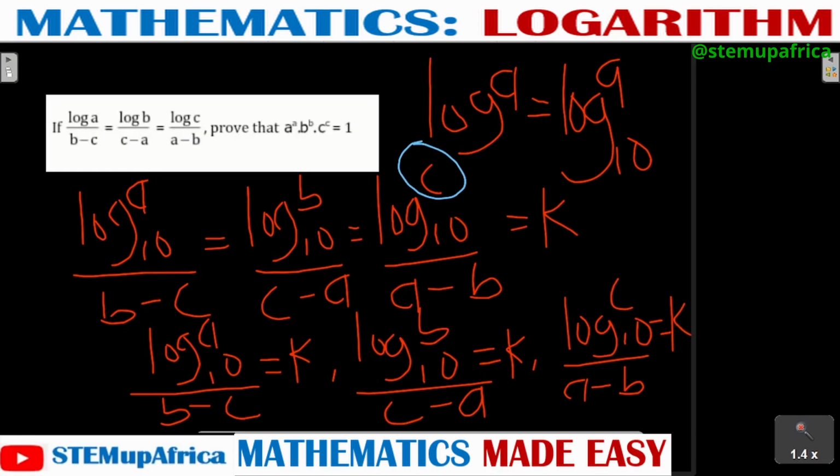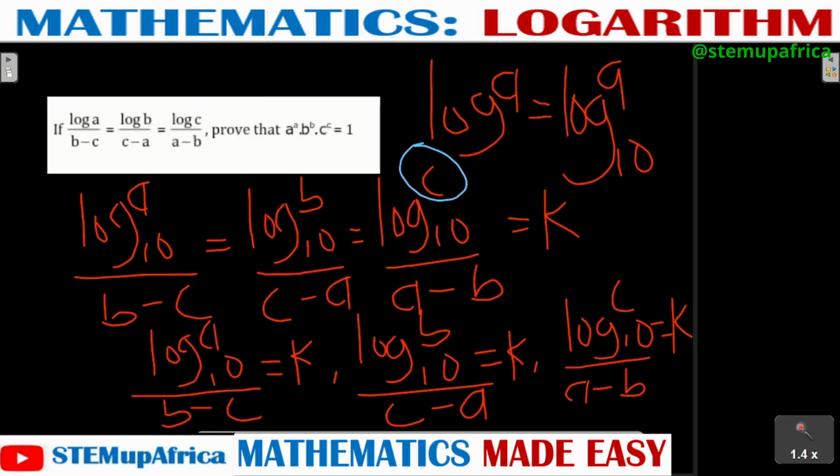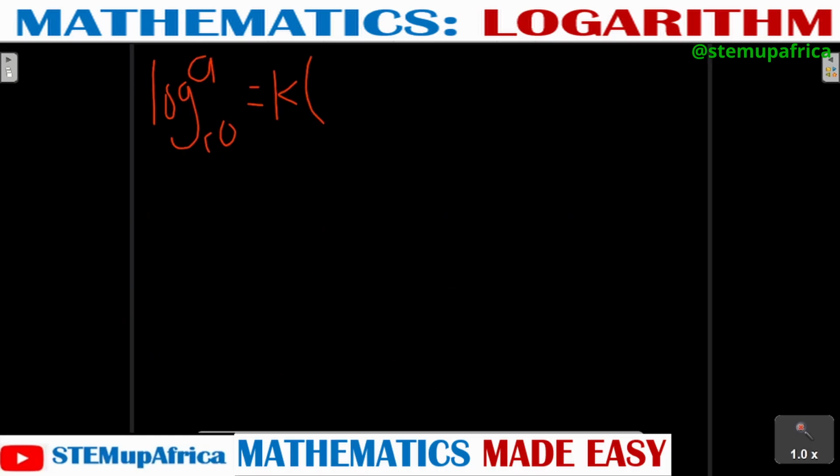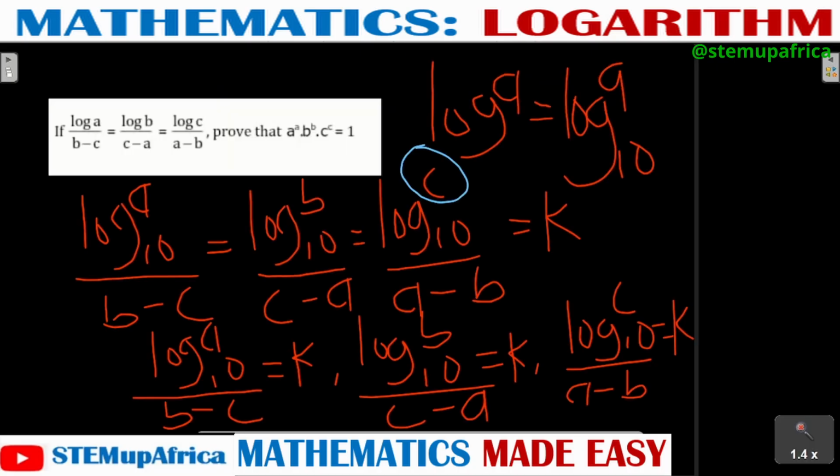So what happens if I make log a in base 10 the subject of the formula? My log a in base 10 will give us k into b minus c. Let's call this one equation 1. The same is also true. Let's make log b in base 10 the subject of the formula.